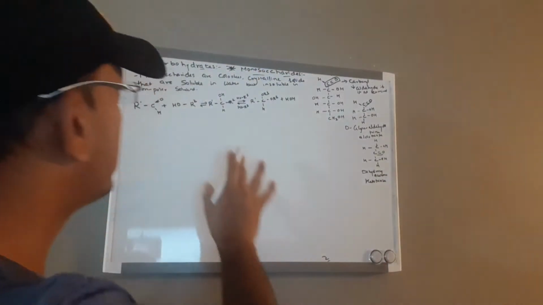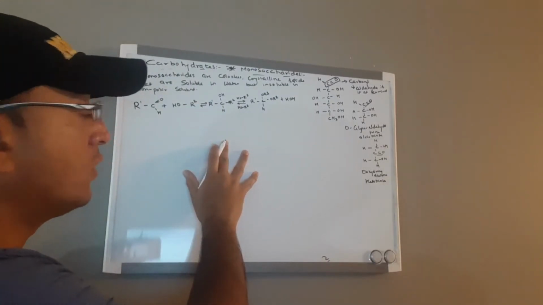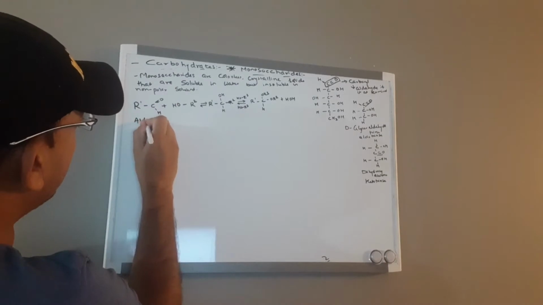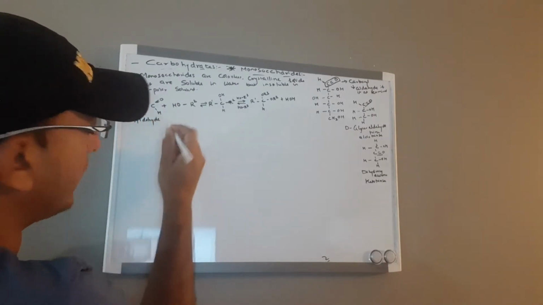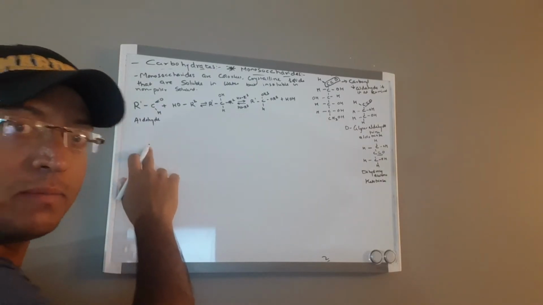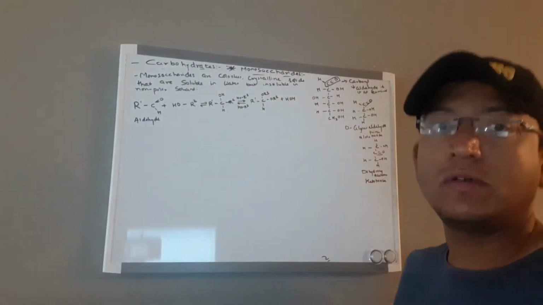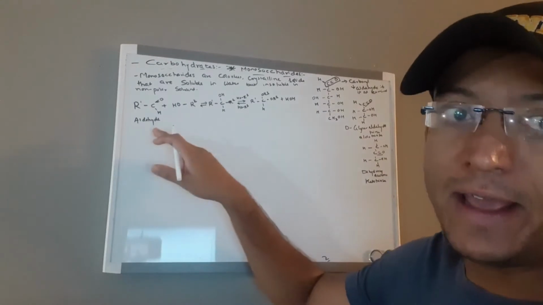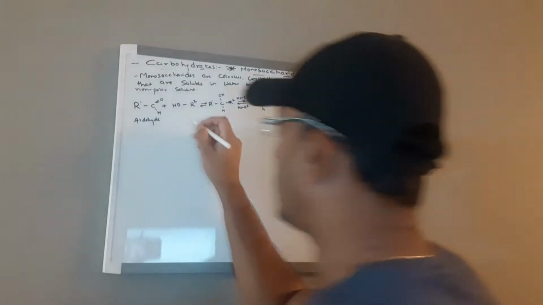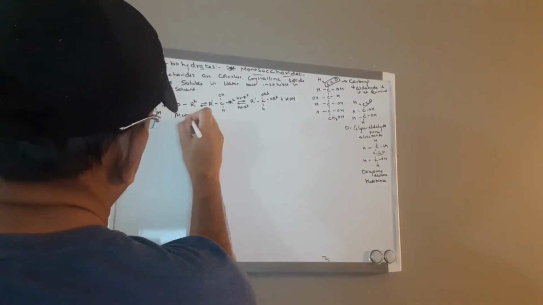Alright, so this is the example for the aldehyde. Write it down as an aldehyde. This is the same as for a ketone as well. So when an aldehyde or a ketone reacts with an alcohol, right?